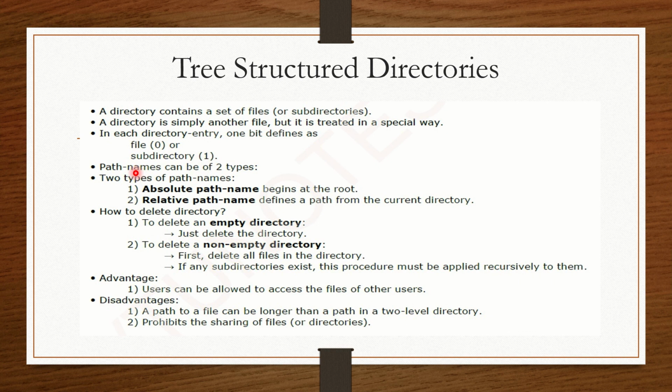And I told you each file will have a unique path name. Path names can be of two types, absolute path name and relative path name. Absolute path name begins from the root.